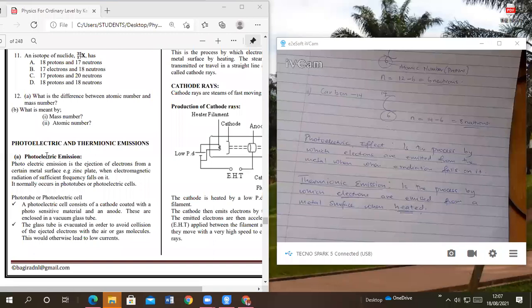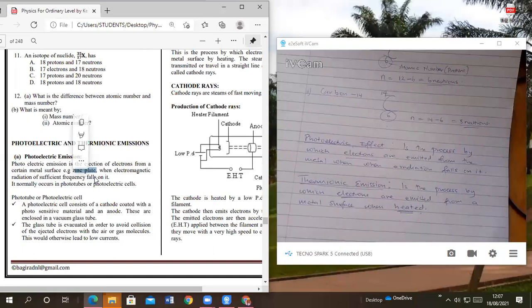Now here they explain photoelectric emission and say that the metal surface, e.g. the zinc plate, is normally used as a cathode. A cathode is a negative plate. If you look at a dry cell, it has the positive and the negative.